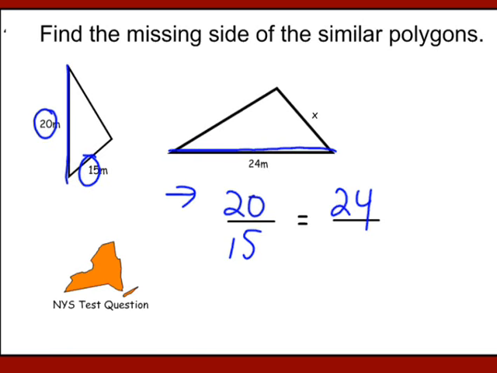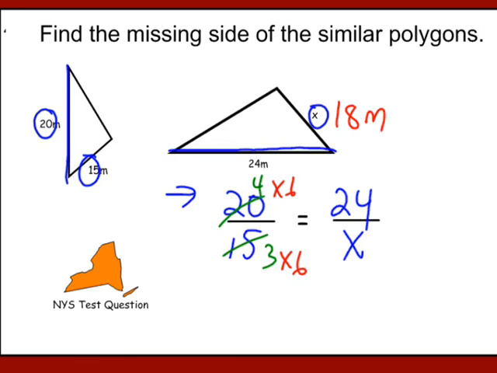So 20 to 15 has the same ratio as 24 to x. And I can use equivalent fractions on this one as well. I could divide each one of these by 5. And then I can use equivalent fractions. 4 times 6 is 24. 3 times 6 is 18. Our missing side would be 18 meters.